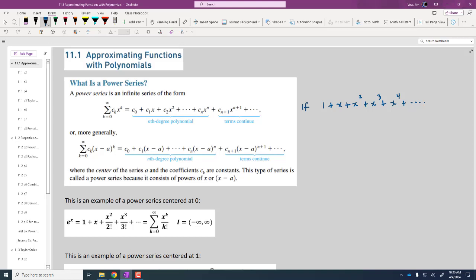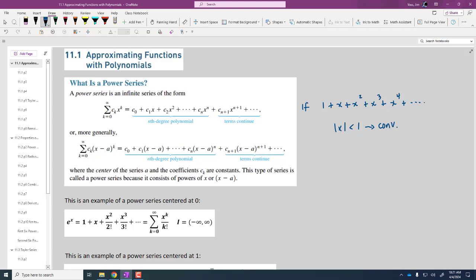And we know that geometric series converge if the magnitude of x is less than 1, because x could be positive or negative. That will give us converge. Otherwise, diverge.